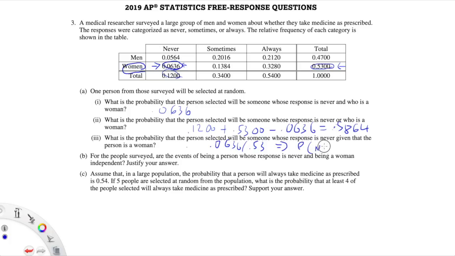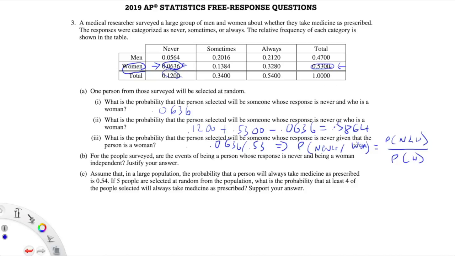So P never given woman equals P never and woman over P woman. And that's exactly what we have here. So 0.0636 represents P never and woman, and 0.53 represents P woman.